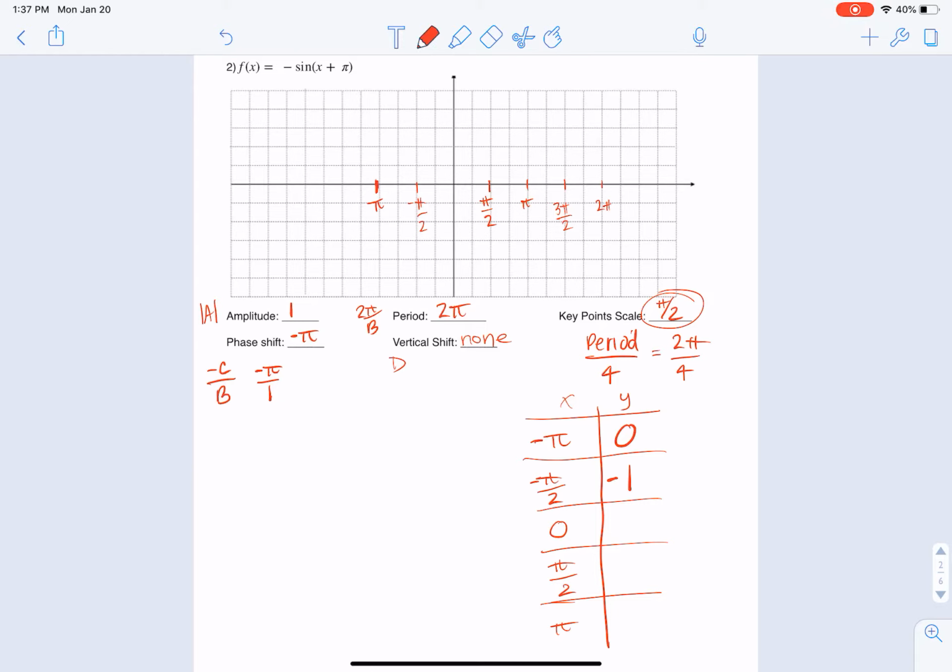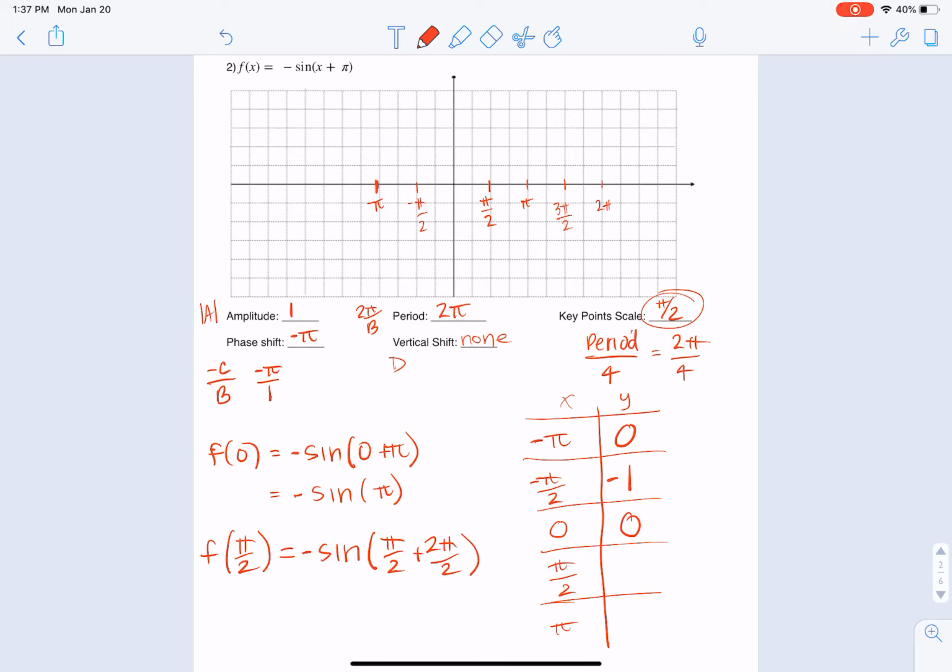So here I have f of 0. So -sine of 0 plus pi. So -sine of pi. Sine of pi is going to be 0, and -1 times 0, again, I'm at 0. And f of pi over 2 is -sine of pi over 2 plus 2 pi over 2.